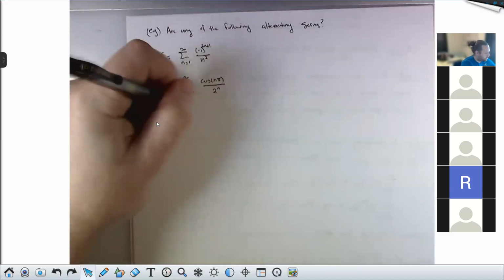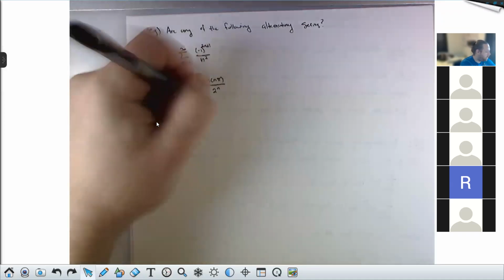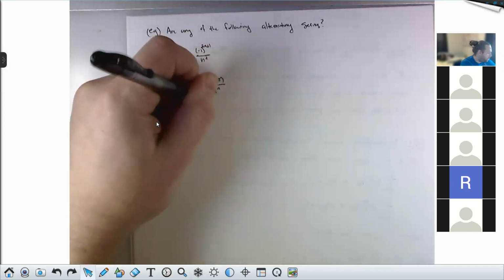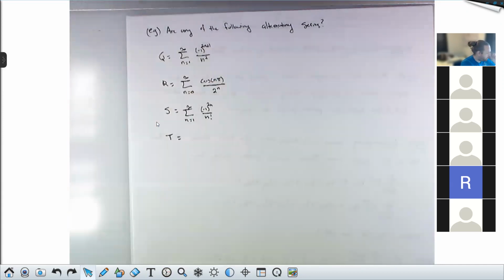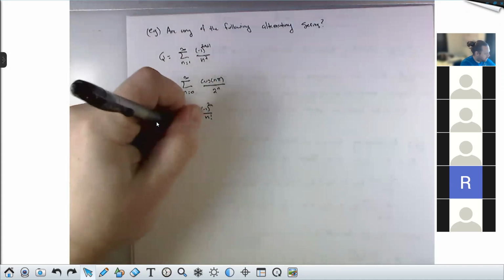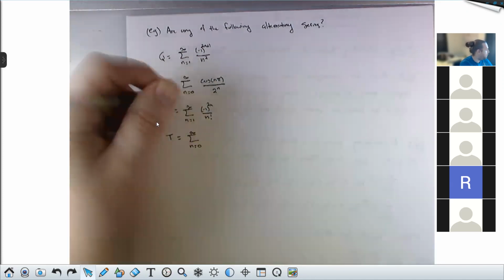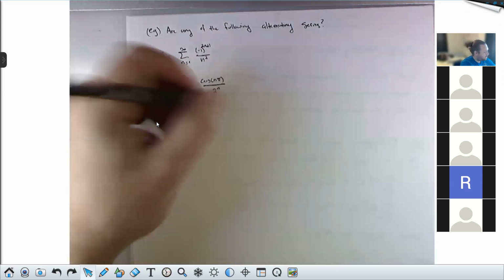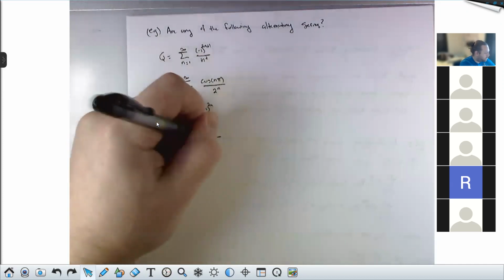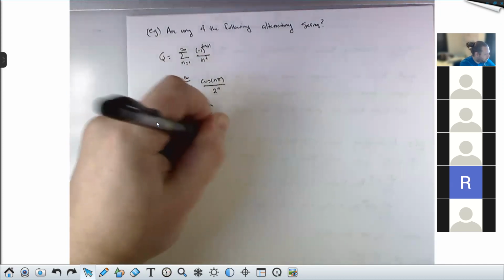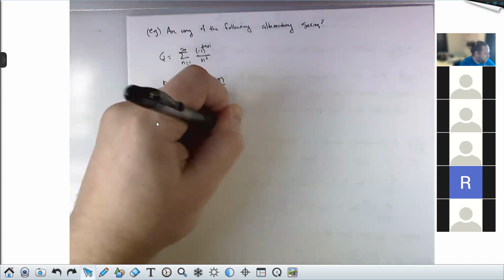For S, let's look at sigma n from 1 to infinity, (-1)^(2n) over n factorial. And for T, let's look at sigma n from 0 to infinity, (-1)^n over (2n plus 1) factorial times n.